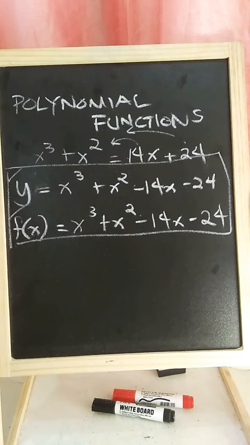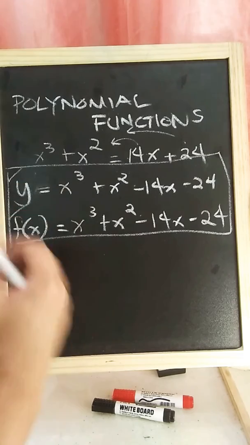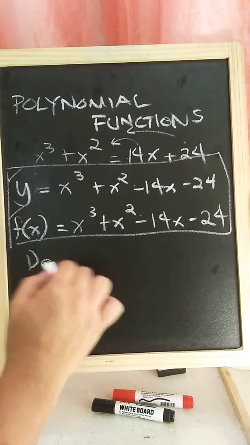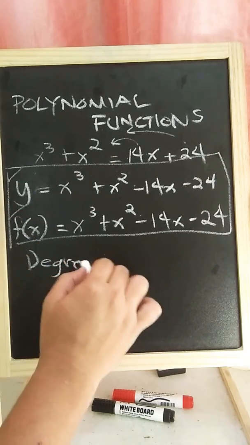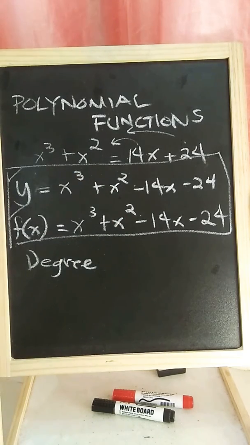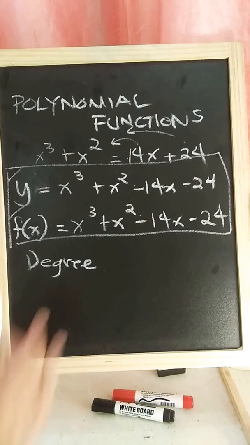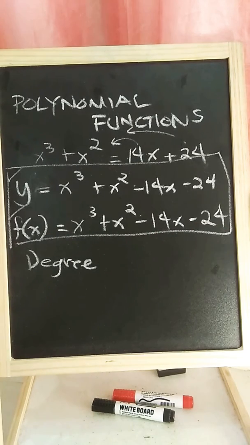Mamaya ako magpapakita. Okay. So, for this function in standard form, we consider the degree. Now, for the degree, what would be the highest exponent of your function here? So, you will be looking for the term with the highest exponent.